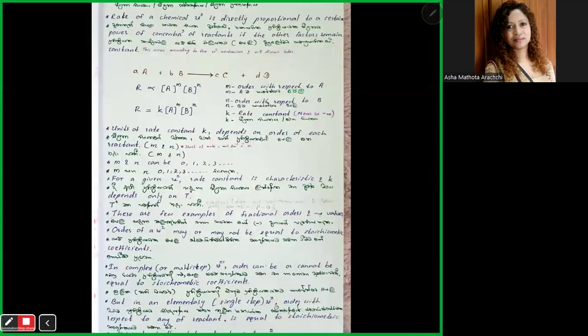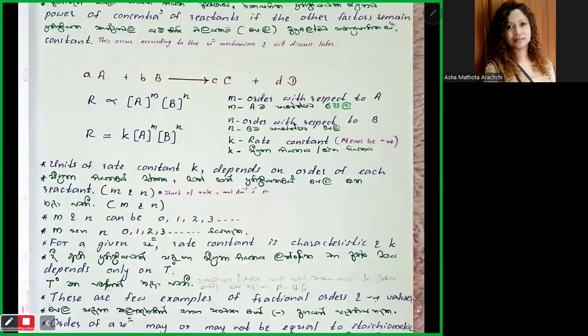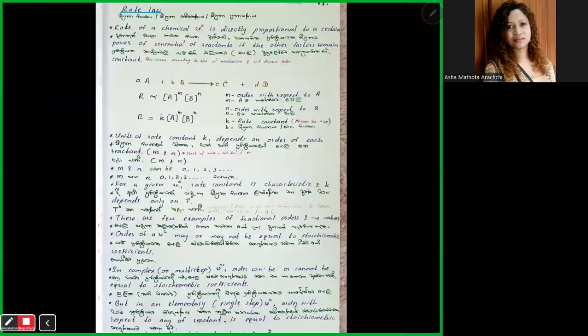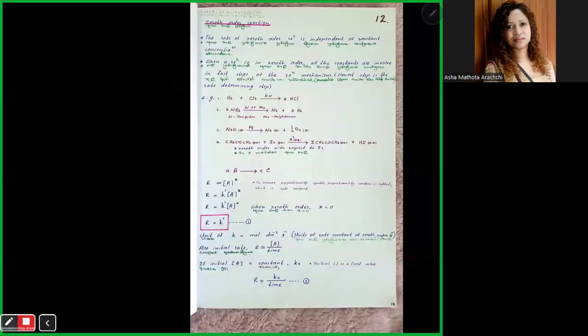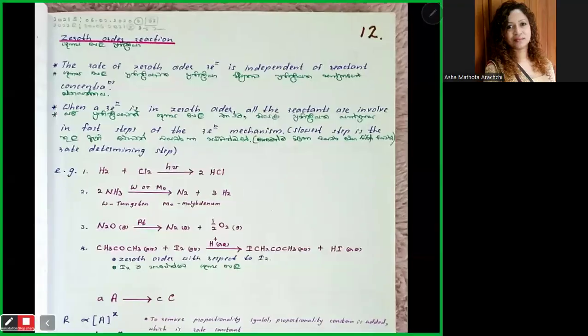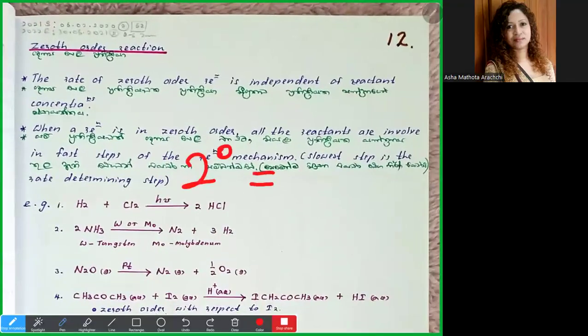Let's say that we have 0 here. That is the zeroth order. What's the meaning of zeroth order? Let's say 2 to the power 0 equals what? 1. 6 to the power 0? 1.